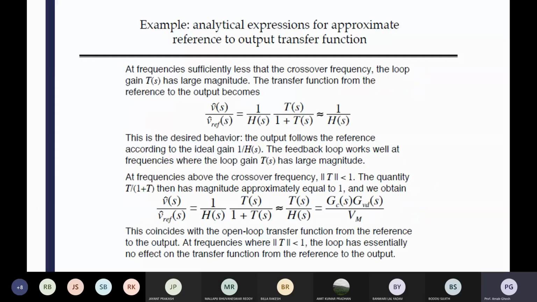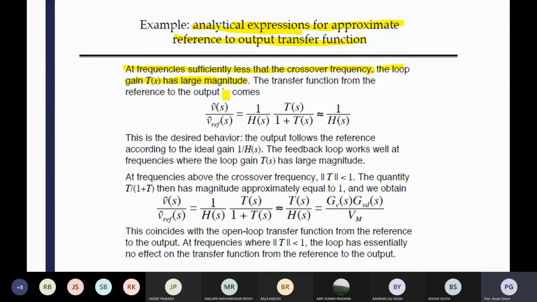Now an example for the analytical expressions. Analytical expressions for the approximate reference to output transfer function. At frequencies sufficiently less than the crossover frequency, the loop gain T(s) is large in magnitude.